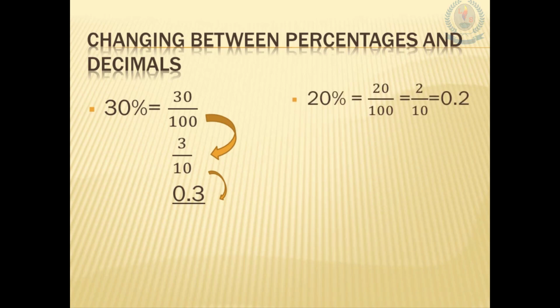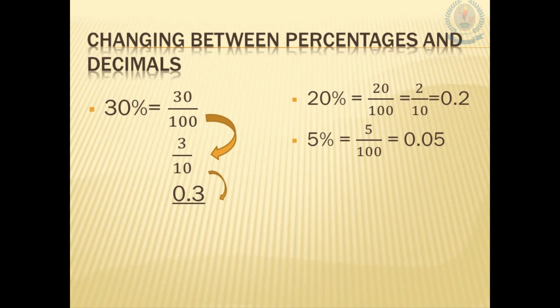So 20%. 20% you can write as 20 out of 100. To get the simplest form, you can divide both denominator and the numerator by 10 and you can get it as 2 tenths. 2 tenths you can write as a decimal number, 0.2. 5%. 5% is 5 out of 100.